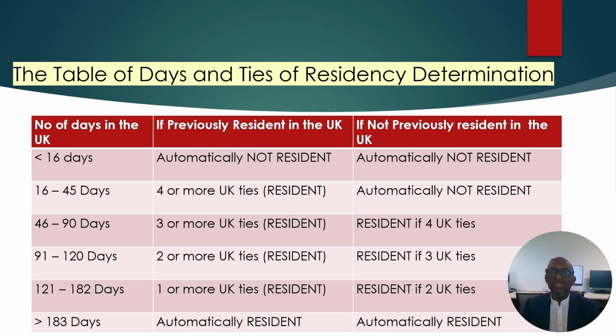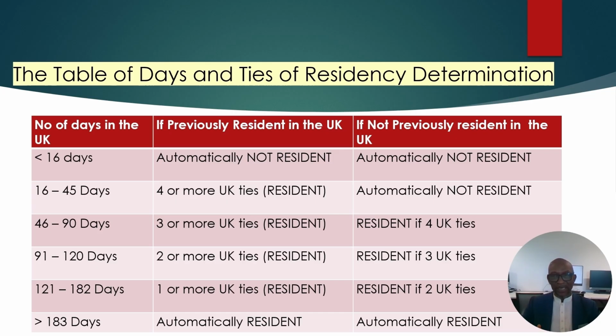But if you are not previously resident in UK, you need 2 more ties with this number of days to be considered UK resident for tax purposes. However, if you spend more than 183 days in UK, whether you were previously resident or not, you will automatically be considered resident in UK.